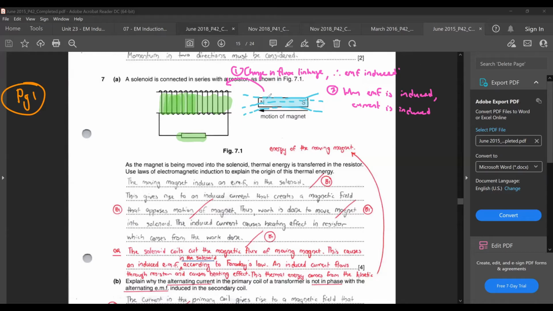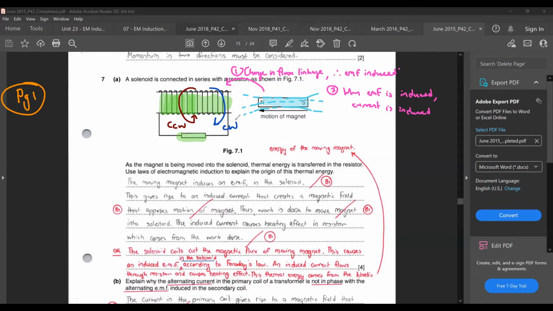So now here's the thing. If my current is induced inside the solenoid, I can have a case where my current either flows like this in the counterclockwise direction, or it flows like this in the clockwise direction.